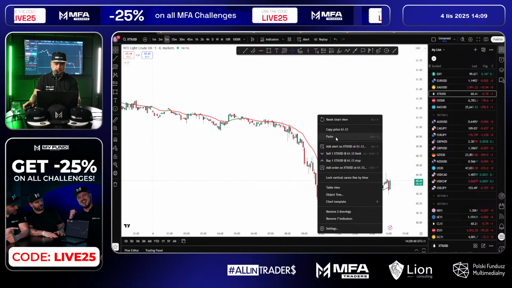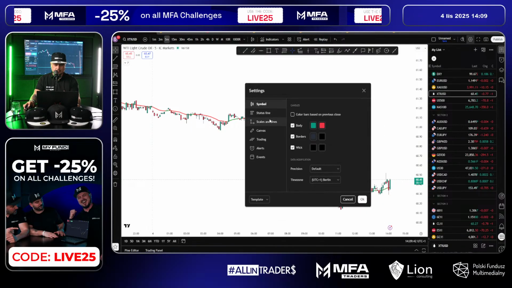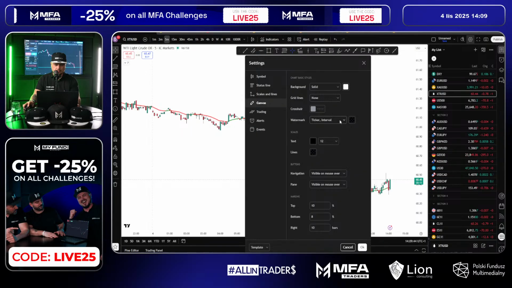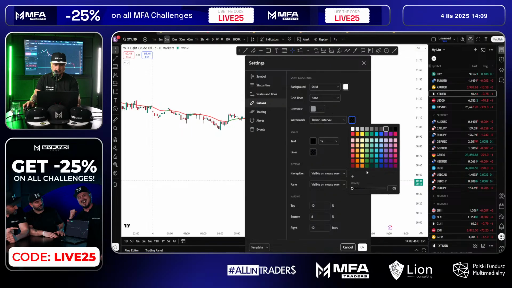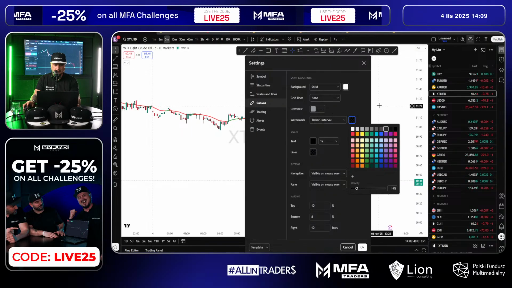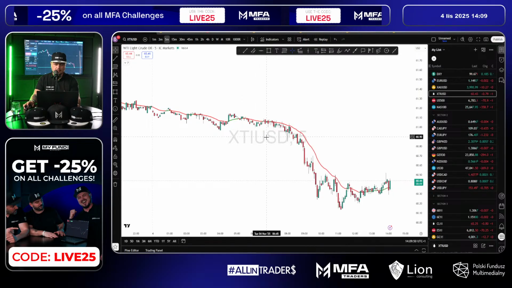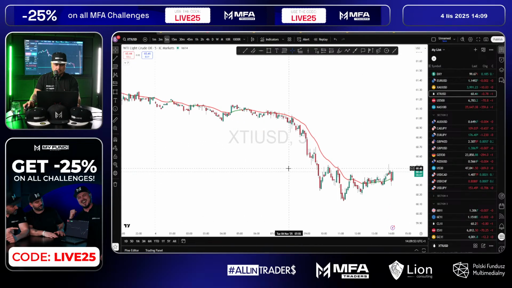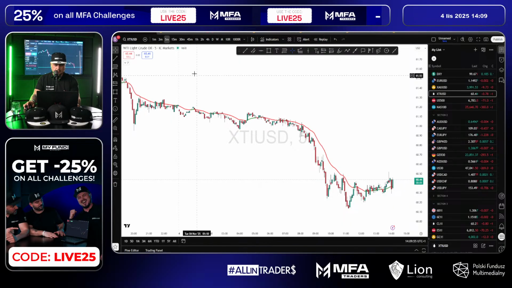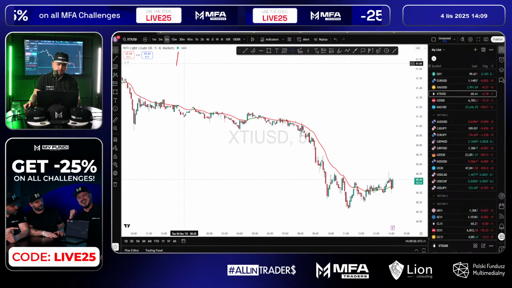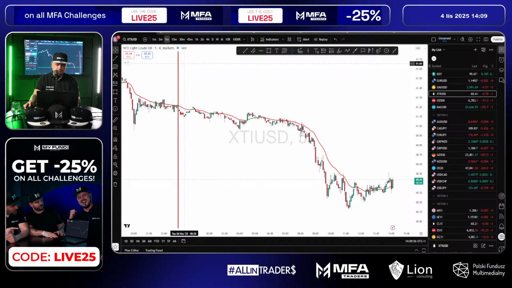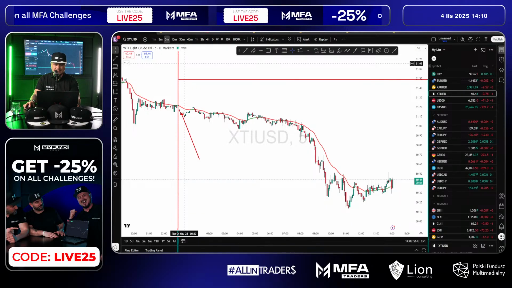This is crude oil. Let me just add a watermark over here, so you know which asset it is. First of all, we are looking at the current day. This day started over here.